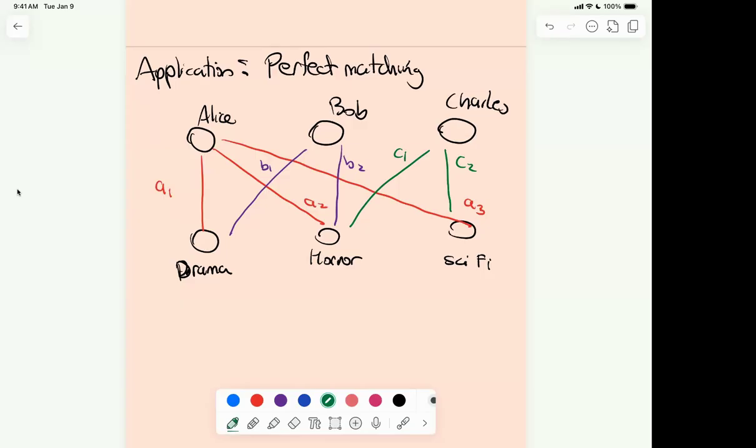But the goal from your perspective, if you know those are the prices they're willing to pay, is that you want to sell the corresponding movie to each person so that you end up with the most amount of money at the end, right? So it's an assignment problem. How should I assign the movies so that I maximize the money that I make?